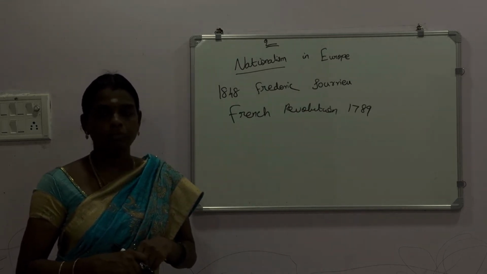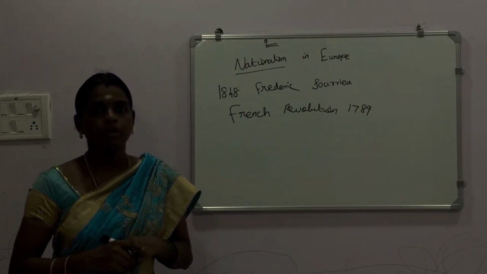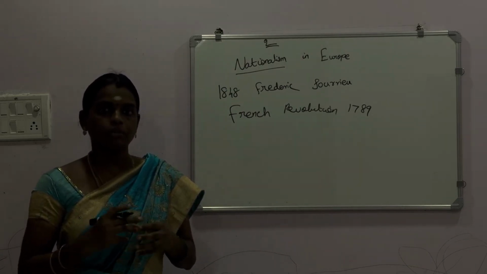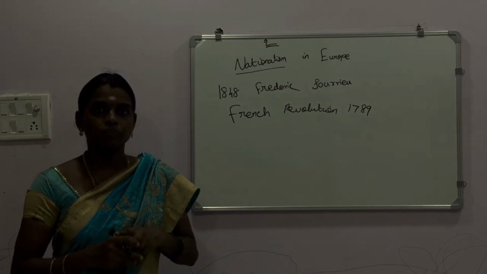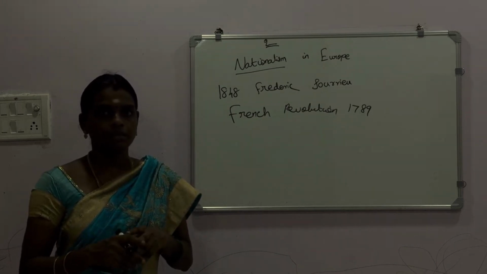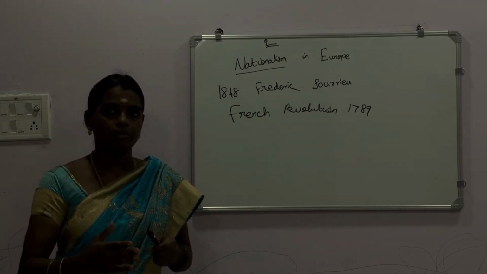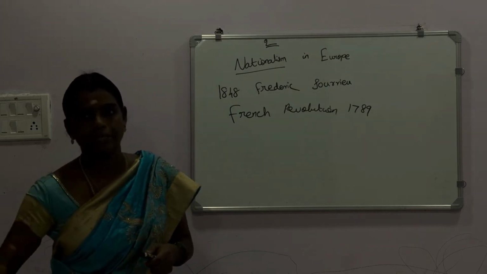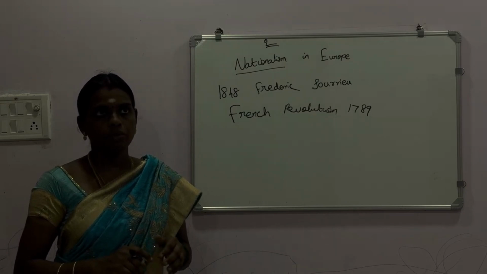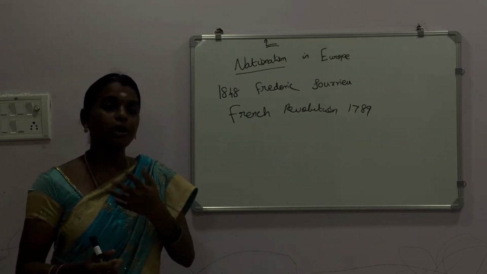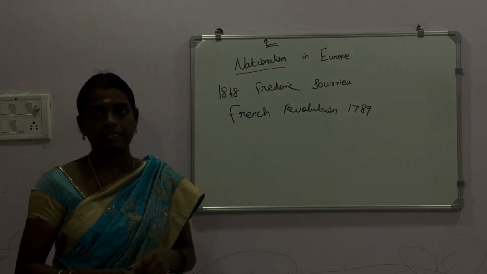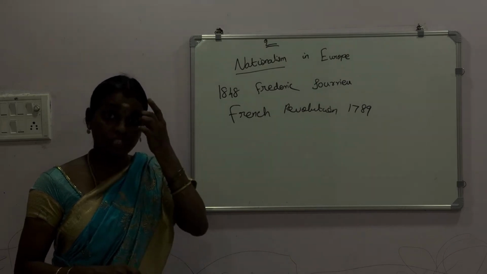Here I want to highlight one thing. Absolute monarchy means no one can play a role in the government except the ruling family, the king's or queen's family. Only they can play a role in the ruling authority. They won't give any chance to others to participate in the government function.